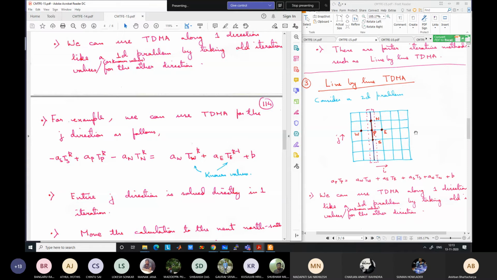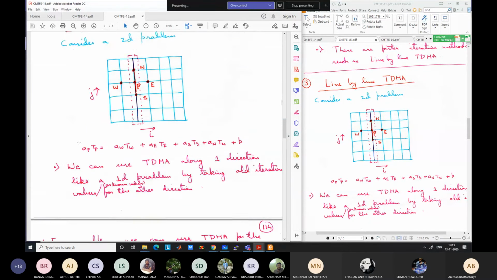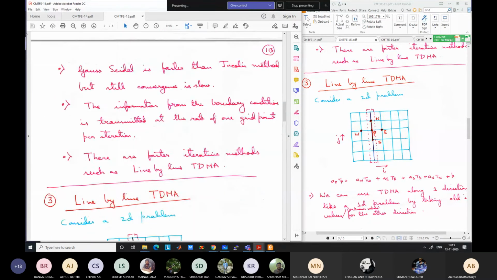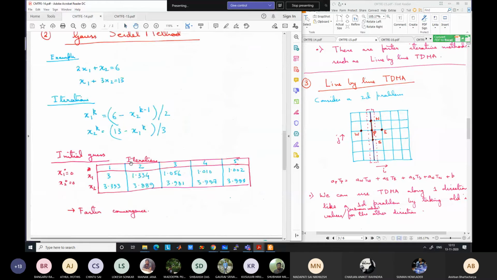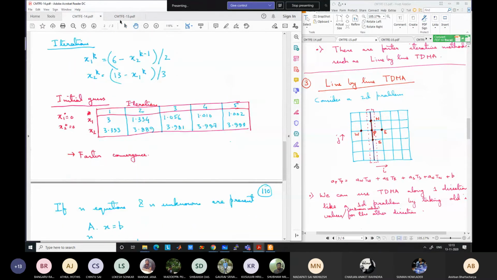If you are using Gauss Seidel or this type of method, convergence will be guaranteed if you are satisfying the Scarborough criteria, where the value actually does not play a role. If you take a look at the equation, the value of the variable does not play a role. Only the coefficient plays the role in the Scarborough criteria.